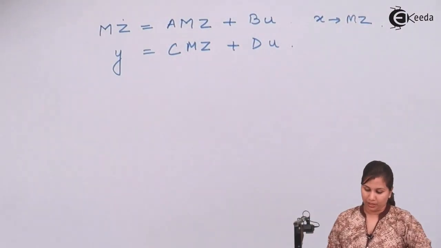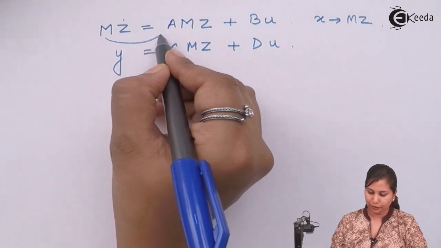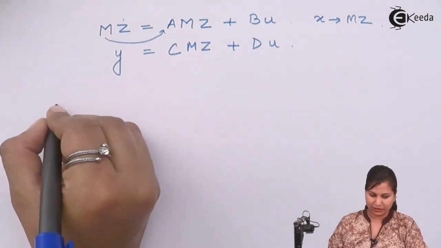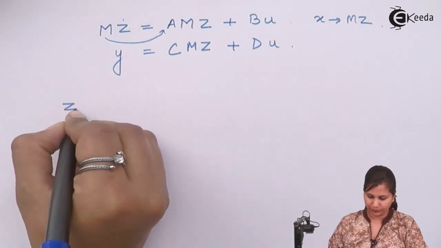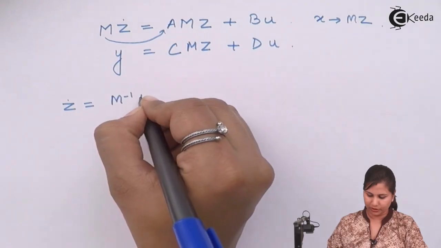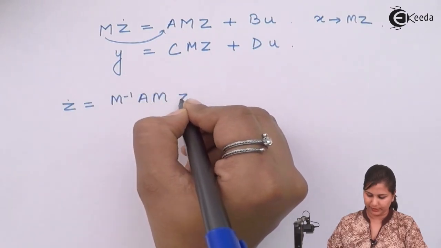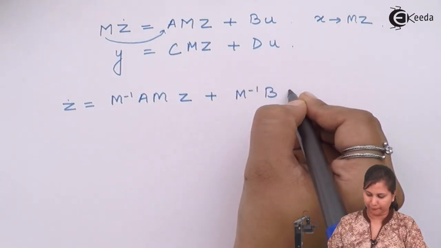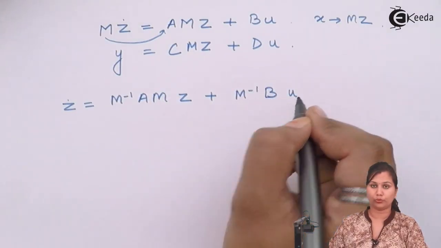Now if we bring this M to the other side of the equation, then the new equation becomes z dot equals M inverse A M z plus M inverse B u.